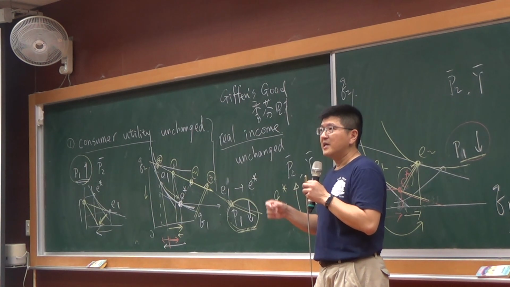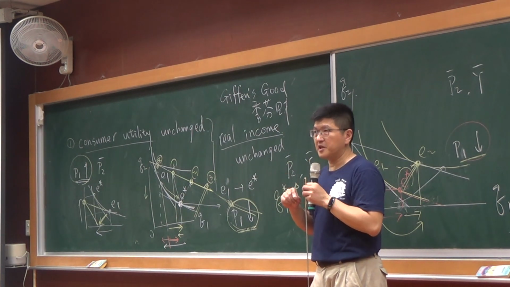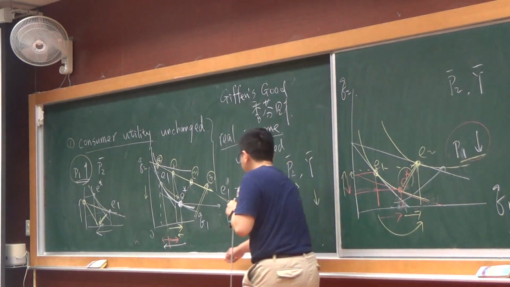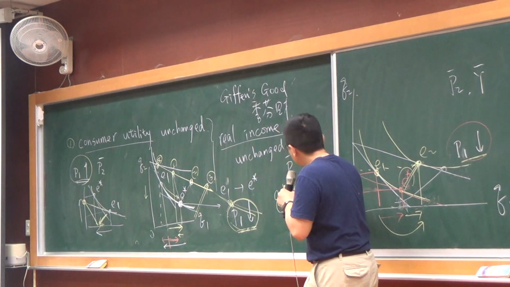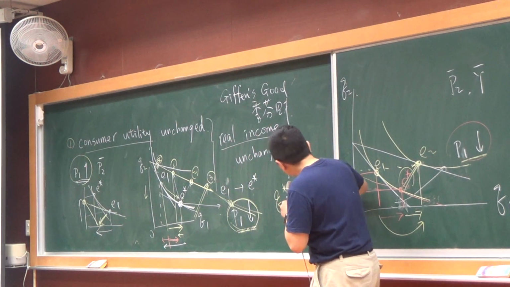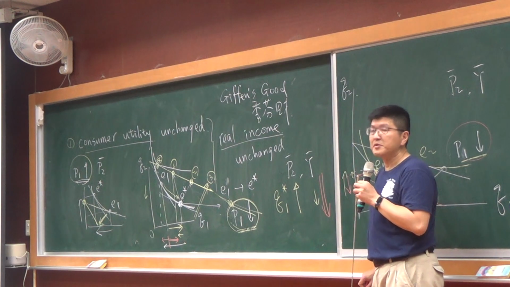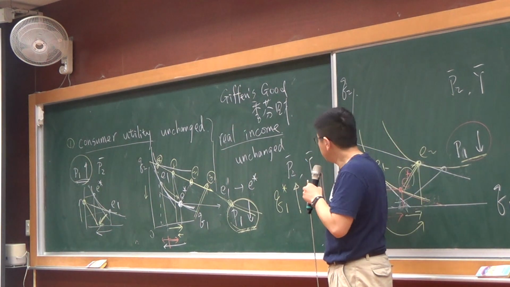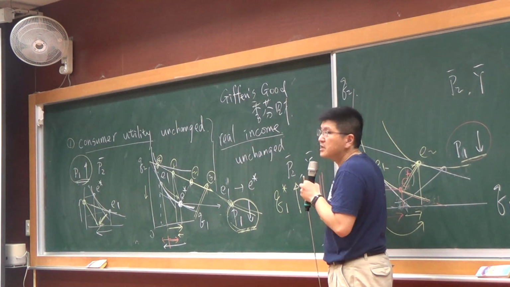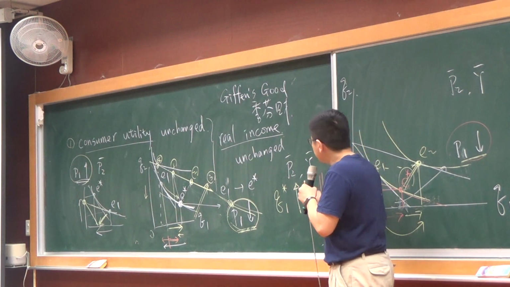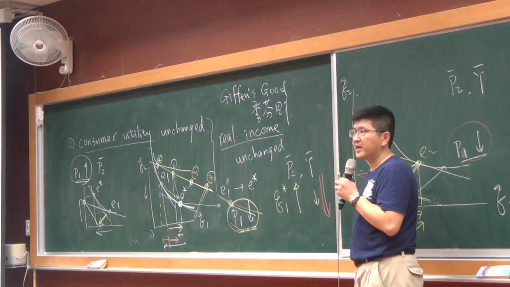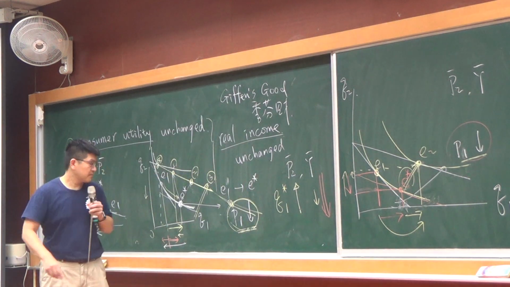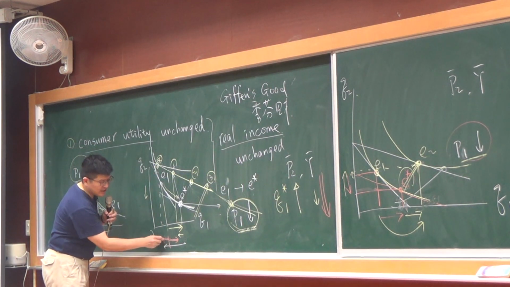Inferior good. And if good one is inferior enough, which means the reverse effect can be really large. So the inferior good, due to the income effect, may exceed the substitution effect. So it makes the resulting effect, the price effect, negative.